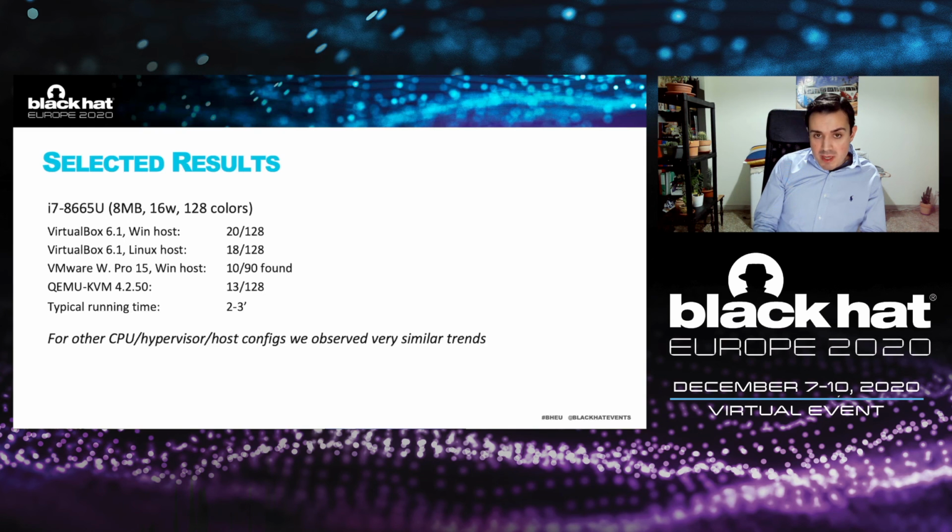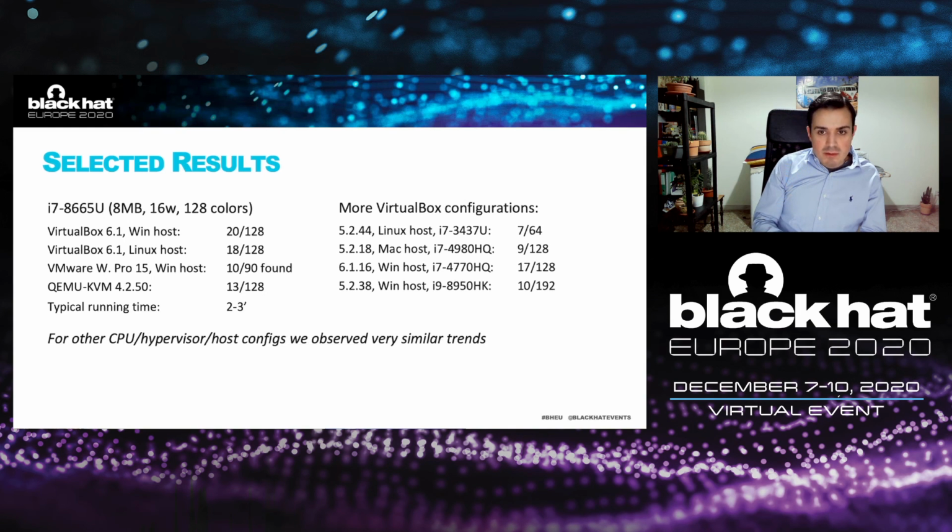Also, we kept looking into VirtualBox, and we observed that even on different machines there was a significant increase in the number of sets that are polluted when moving from version 5.2 to VirtualBox 6.